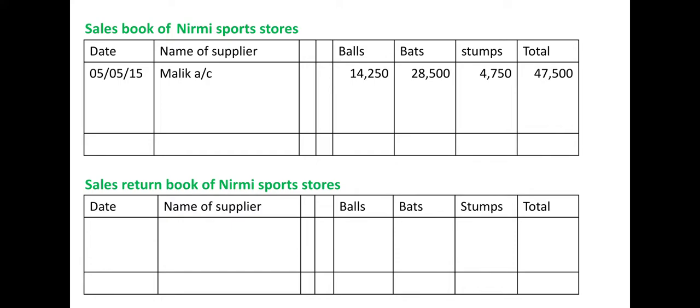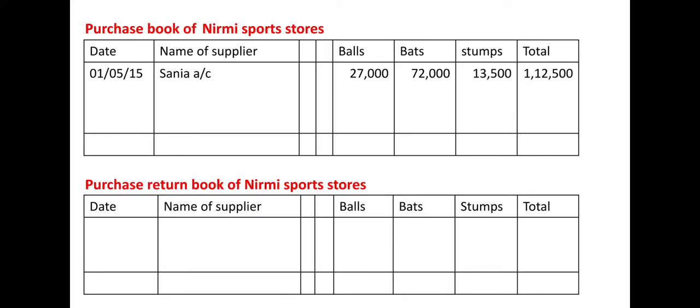Now we are in 10th of May, student. On 10th of May, we are buying goods from Kapil, so we have to go on the previous page. Here it is. This is the page of purchase book and purchase return book. Now we are buying goods from Kapil. Date is 10. Name of supplier is Kapil. Let's see what we are buying, student. We are buying three things: balls 30, bats 20, and stumps 6.